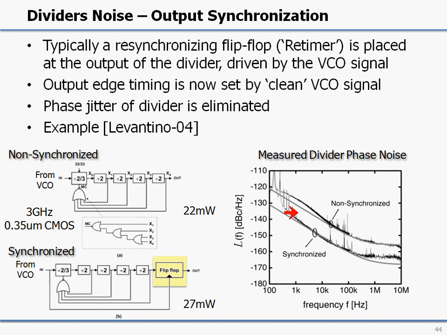As already mentioned in earlier talks, it is common practice to put a synchronizing flip-flop at the output, because then the divider design can completely focus on speed, low power consumption, and robustness, and the noise of the divider does not contribute significantly. The noise properties are completely determined by this flip-flop design, and it's very well concentrated in this one circuit.